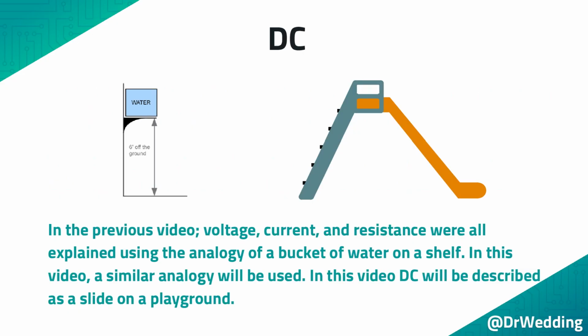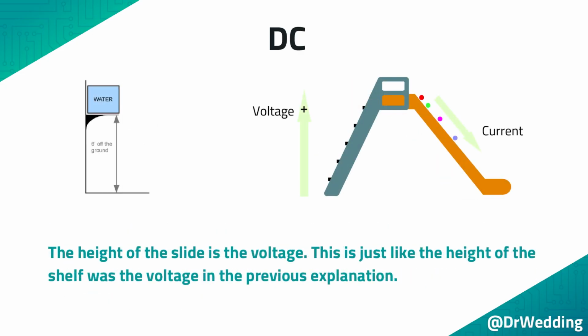In the previous video, voltage, current, and resistance were all explained using the analogy of a bucket of water on a shelf. In this video, a similar analogy will be used. In this video, DC will be described as a slide on a playground. The analogy of the shelf and the slide are essentially the same. The height of the slide is the voltage.